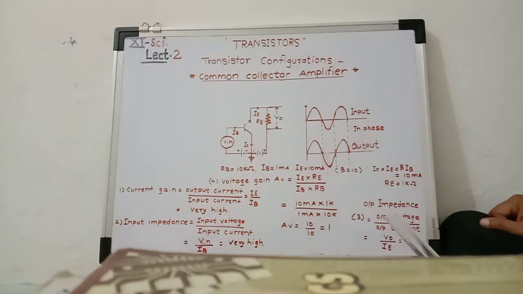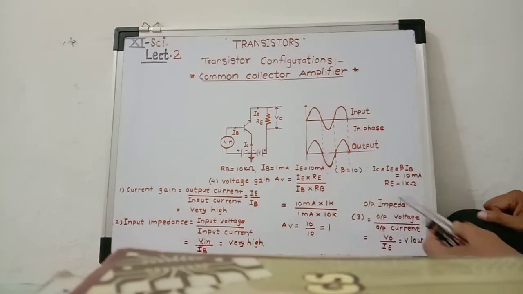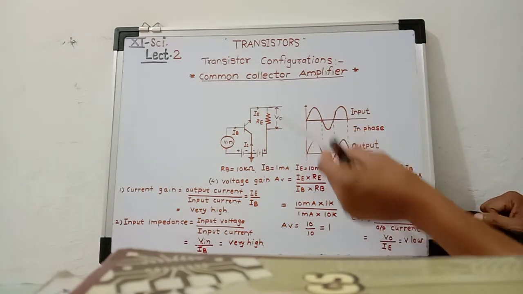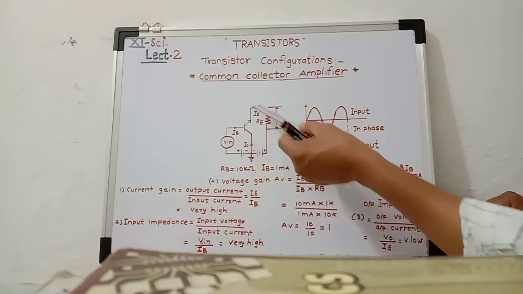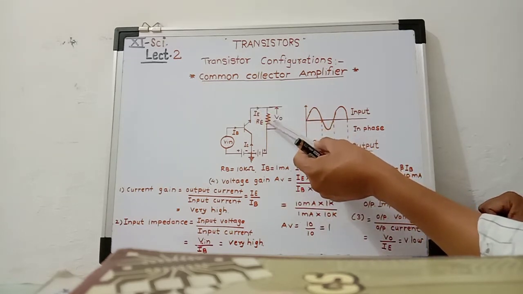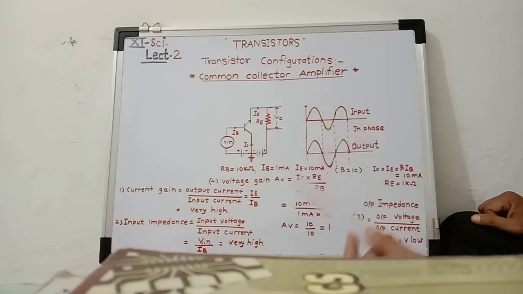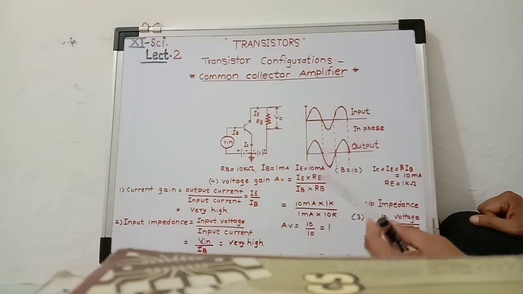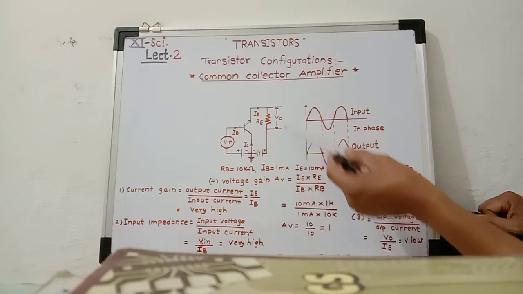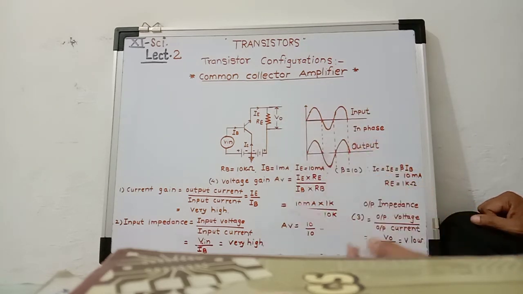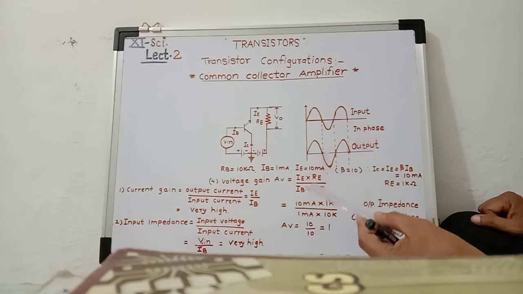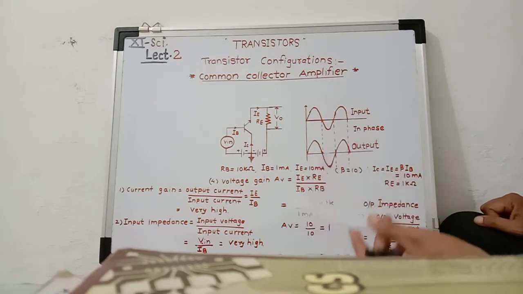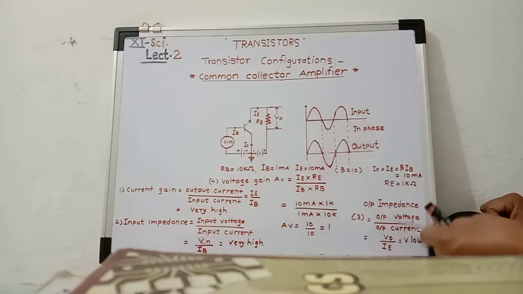Now see the output impedance. Output impedance is the ratio of output voltage to emitter current, because R is equal to V upon I. Here V means VO, the output voltage, and I means emitter current IE. So output impedance is equal to VO upon IE.